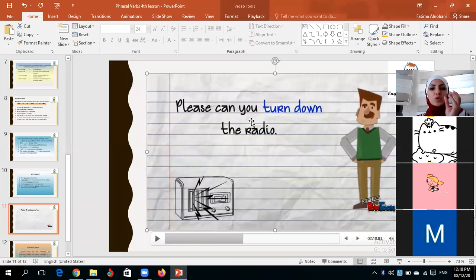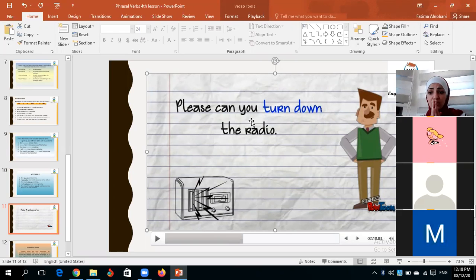So you just need to understand the first concept, verb, particle, or verb, 2 particles. That's all you need to know. And one small piece of information: in the phrasal verbs, the verb and the particle can be separated, and you can put the object or the subject in the middle.